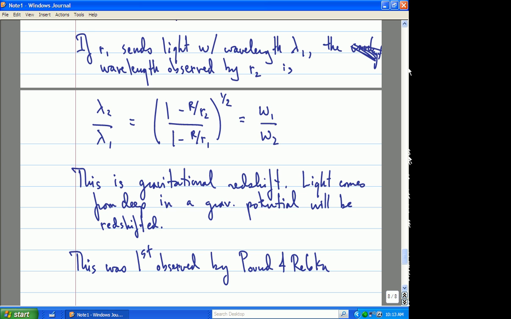In fact, you can go ahead and do the back of the envelope estimate, and you'll see that if your GPS receivers did not properly account for the gravitational redshift between the satellite and your GPS receiver, there would be errors of order several kilometers. Okay. So this is not just a measurable effect, it is an incredibly important effect for all sorts of applications.